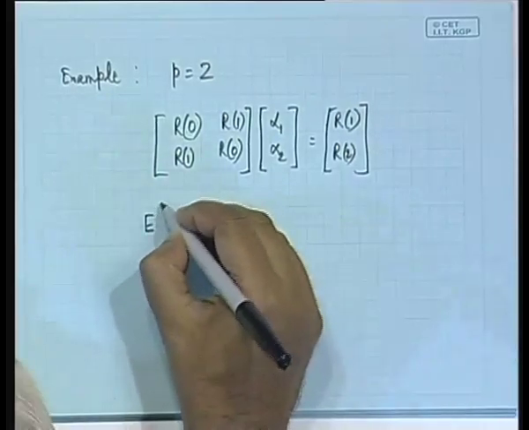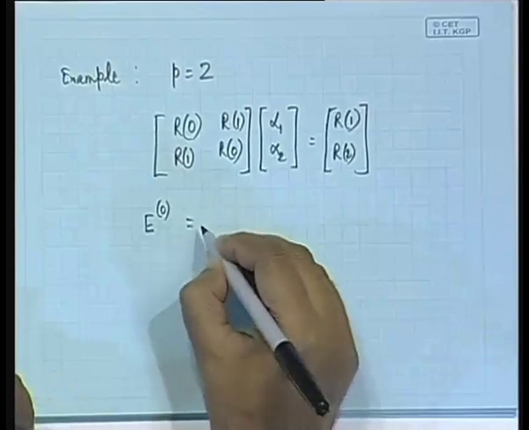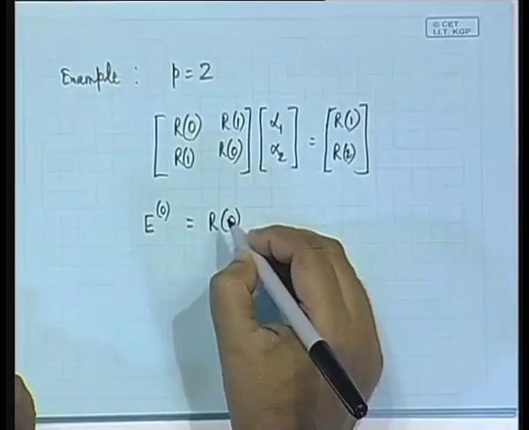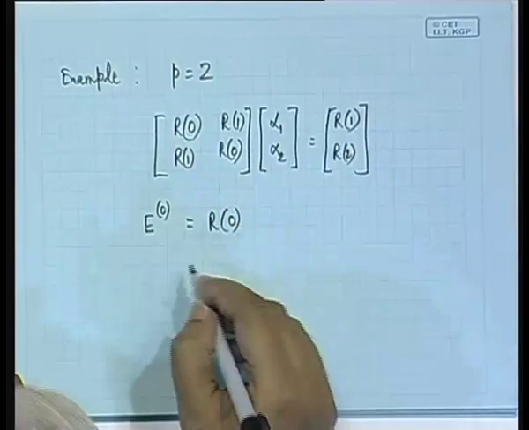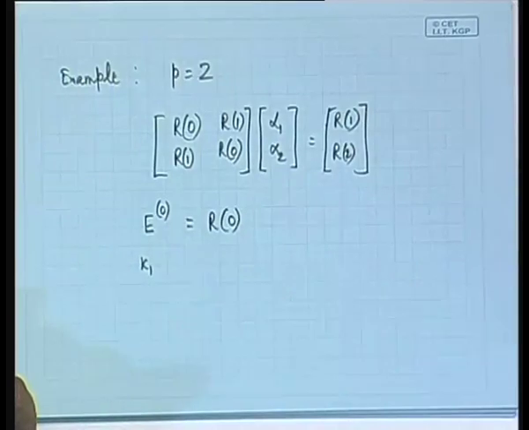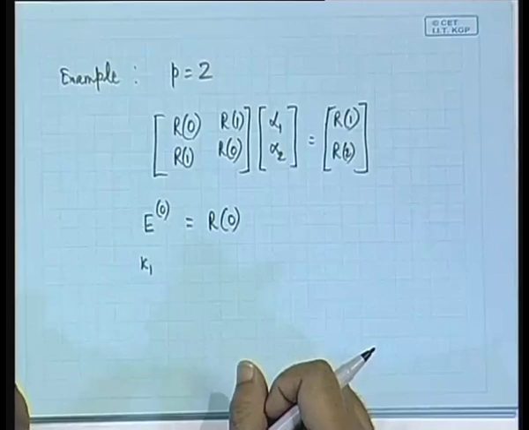What is E0? E0 is nothing but the R0, right, and what is going to be K1 in this case? Just see, K1 means you have to apply equation number 13, okay.